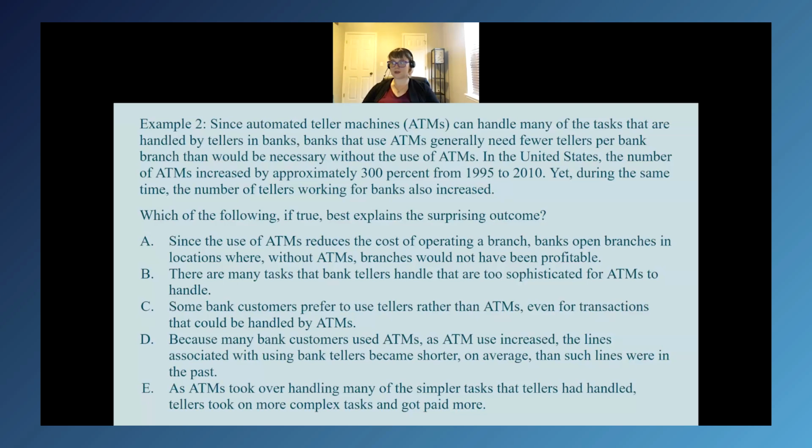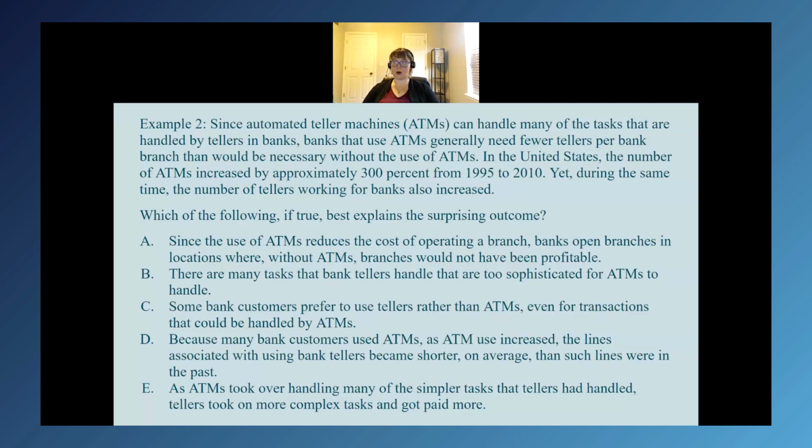if your job is, say, 10 tasks, do you spend the same amount of time on all the tasks? So perhaps these tellers have many tasks that they do, but previously they were like 10% of the time, and they're mostly doing things that ATMs could do.